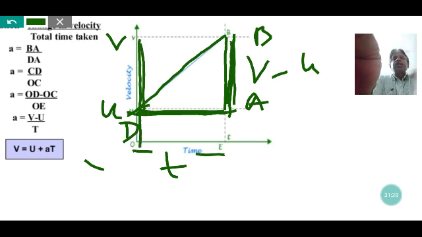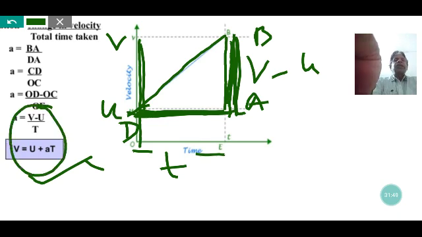Now we get A is equal to V minus U, the distance which is the change of velocity, and this is the change in time, that is T. So A is equal to V minus U by T, and now we get V is equal to U plus AT. From the expression we can get V is equal to U plus AT.